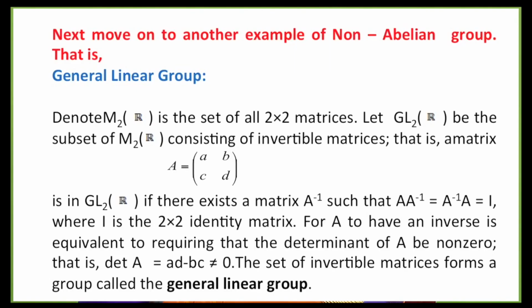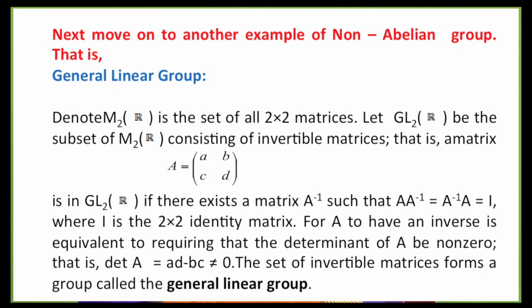Next, we shall move on to another example of a non-Abelian group, that is the general linear group. Denote M2R as the set of all 2 by 2 matrices. Let GL2R be the subset of M2R consisting of invertible matrices.